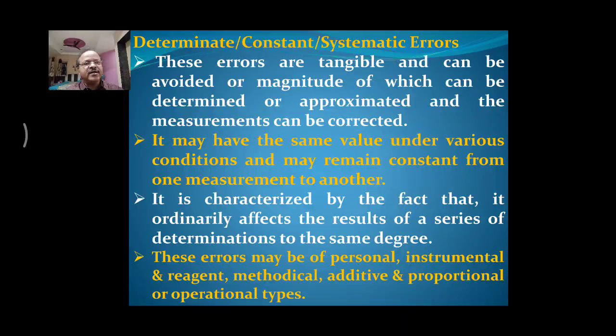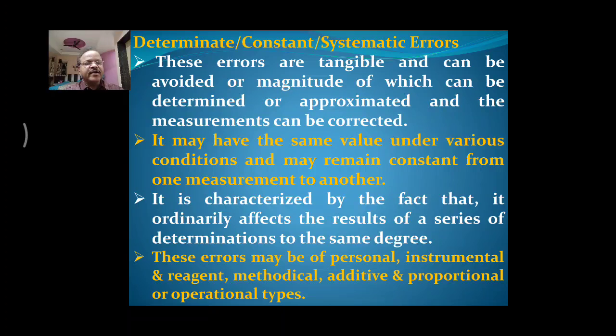These are the determinate errors. These are certain, fixed errors which we can avoid to some extent. We can correct these determinate errors. They may have the same value under various conditions and may remain constant from one measurement to another.